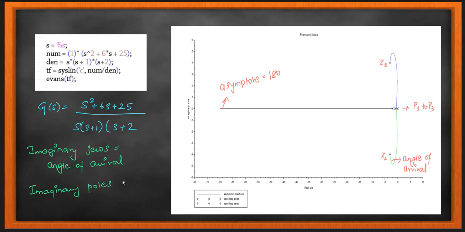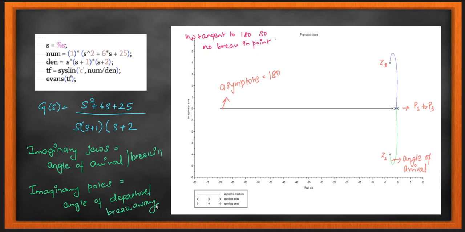Good. So easy and medium level questions normally don't contain breakaway points, and you can identify that from the root locus plot. From steps 1 to 5, you should be able to tell whether your breakaway point exists or not, and if it exists, you can try plotting it directly on the root locus. If you don't have time to do the steps, please refer to the first problem on root locus and see how we compute the breakaway point.